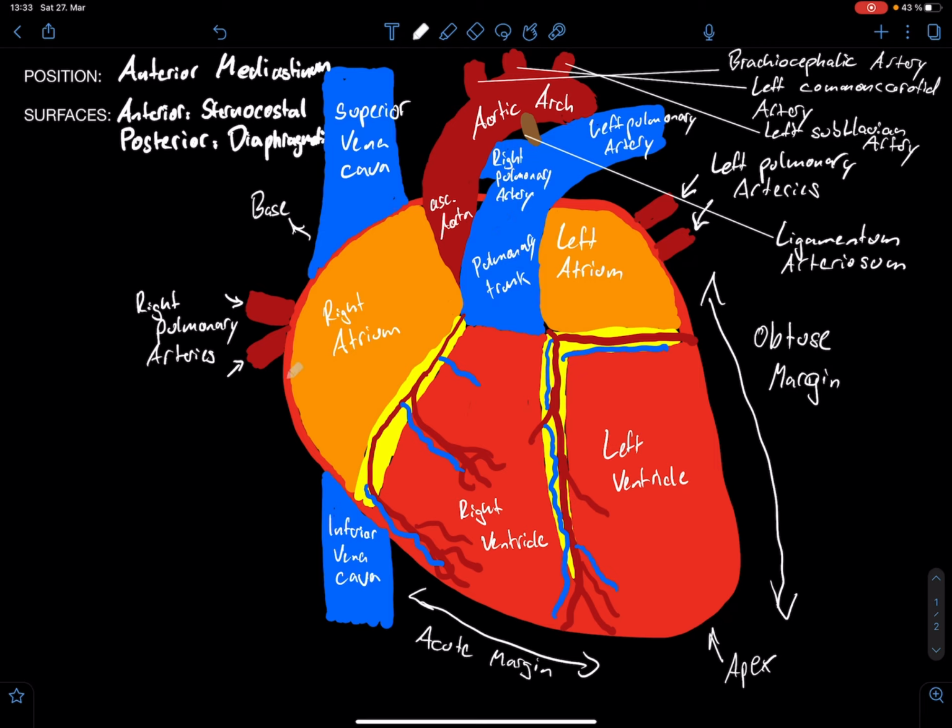The next structures, which are quite important, are yellow here. They are yellow for a reason, because they are filled with fat as well as with arteries and veins. I'm gonna talk about them later, but first let's focus on the structures itself. The structures here that separate the atria from the ventricles, those two structures, are called the coronary sulcus.